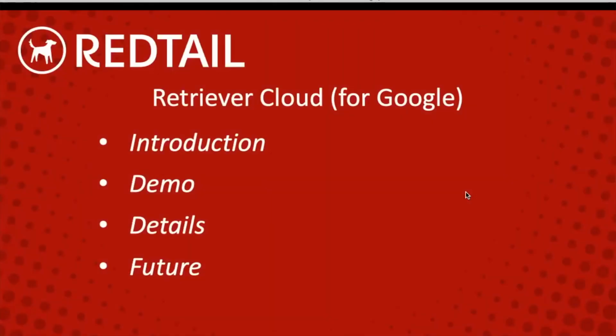Hello, everyone, and welcome to another Redtail Continuing Education webinar. In this session, we'll be talking about Retriever Cloud, but more specifically, we'll be talking about Retriever Cloud for Google. Retriever Cloud is our calendar and contact sync tool.